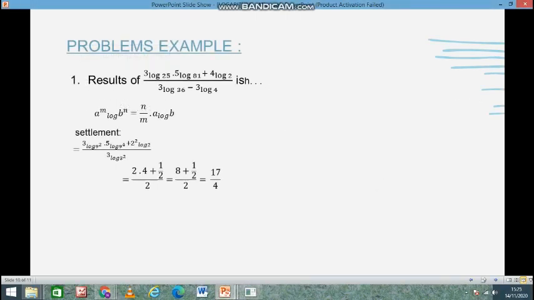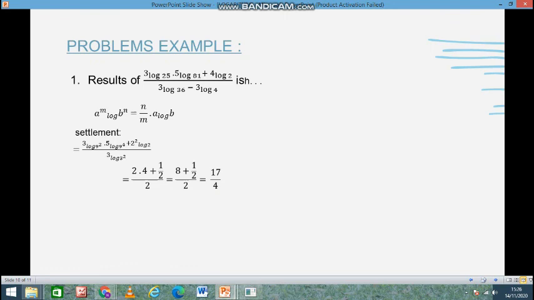Problem example number 1. The result of 3 log 25 times 5 log 81 plus 4 log 2 divided by 3 log 36 minus 3 log 4 is.